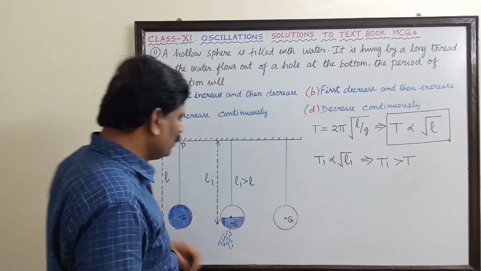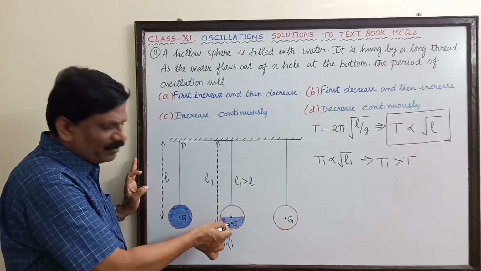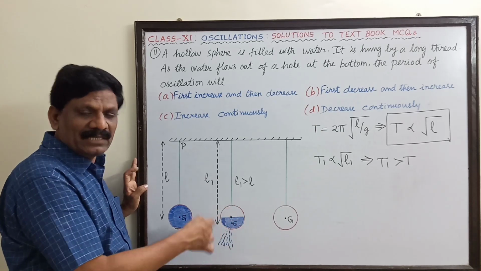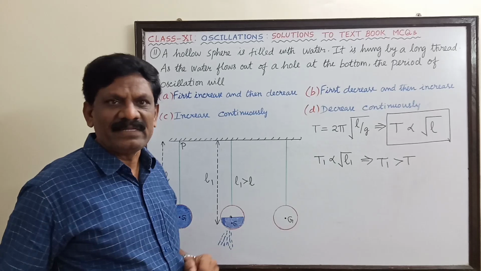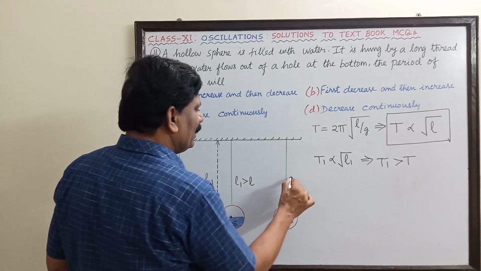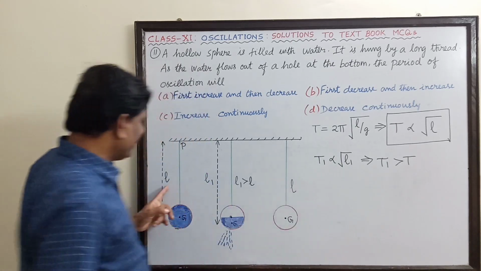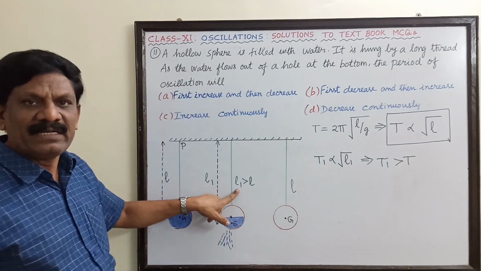Initially G was shifting below its center. Then after the water has gone out of the sphere, G will come back to its original place. So this length will come back, so that this L is now less than L1.